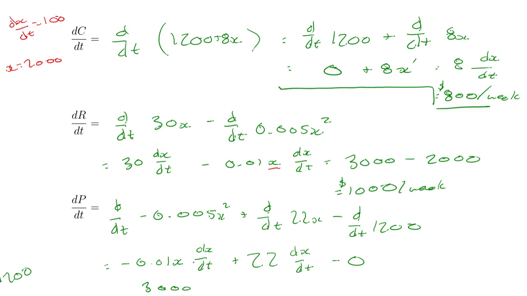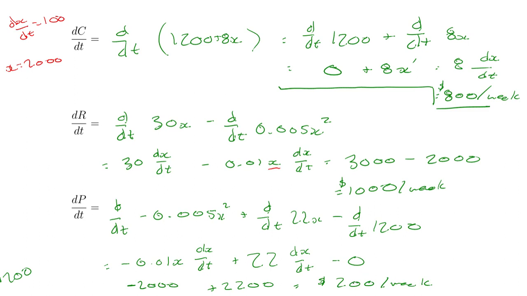Sorry, this is going to be 2,000 because that's that subtracted term over here. And this will be 22 times 100, so that's 2,200, and that was a negative here. So, sure enough, we get $200 a week.